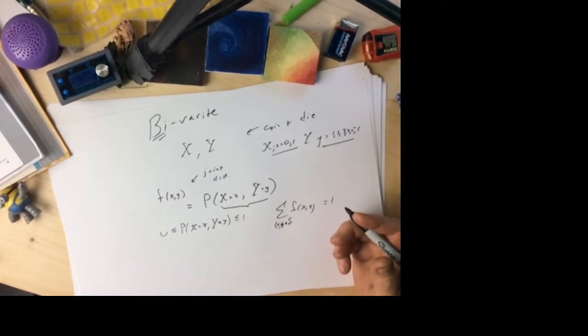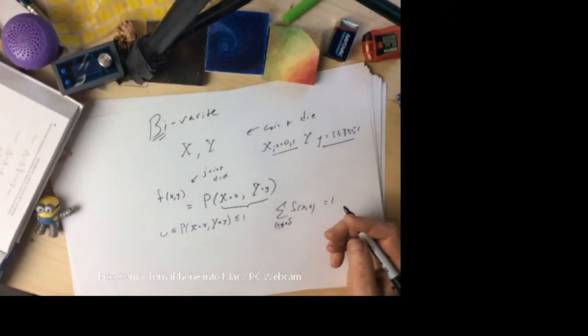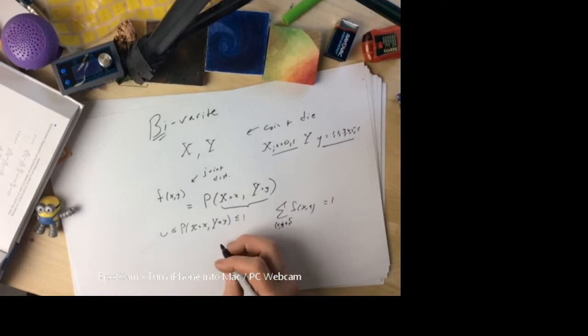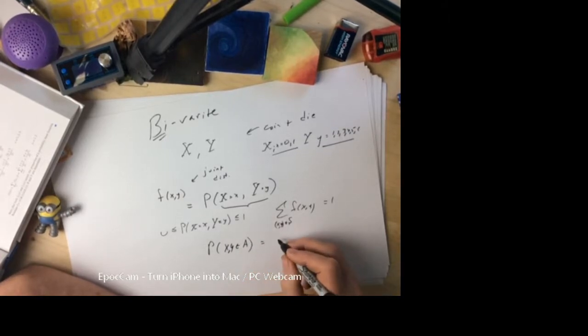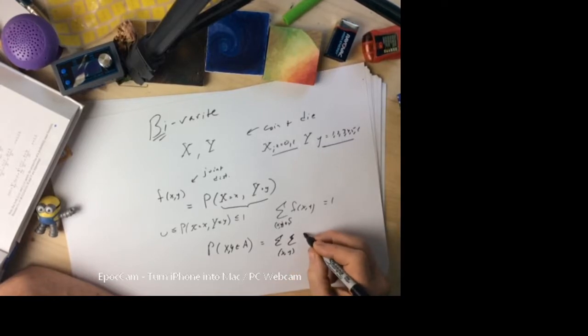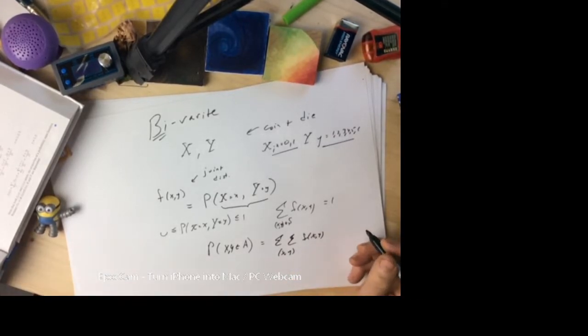And the disjoint sets will be the sum over the x's and y's in this disjoint set.